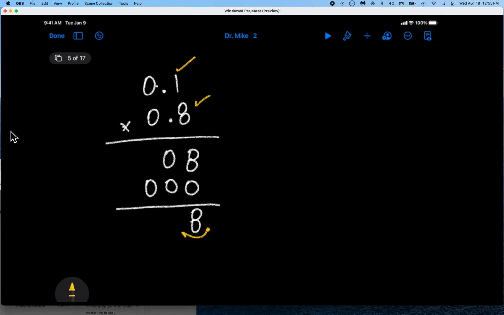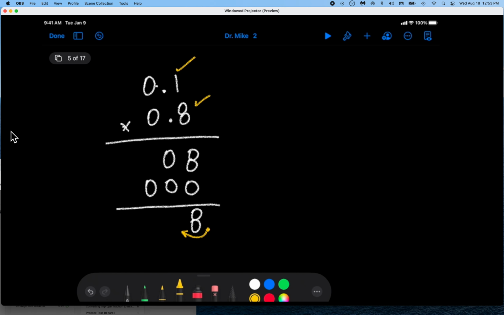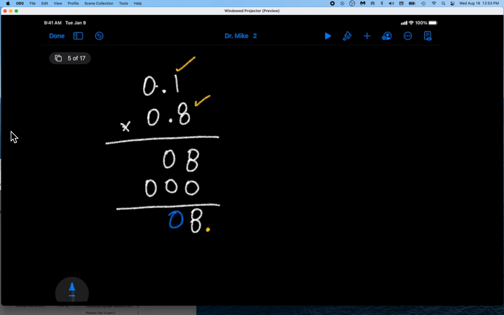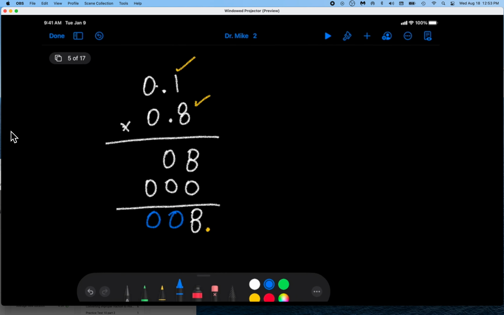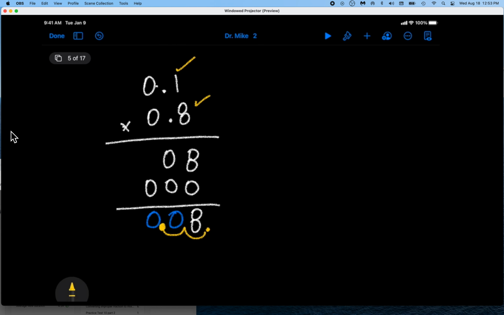But look, folks, we're going into Never Never Land here again. So before we move, let's put our placeholder zeros here. Now let's move 2 places. 1, 2. That's our final answer, 0.08. Okay.